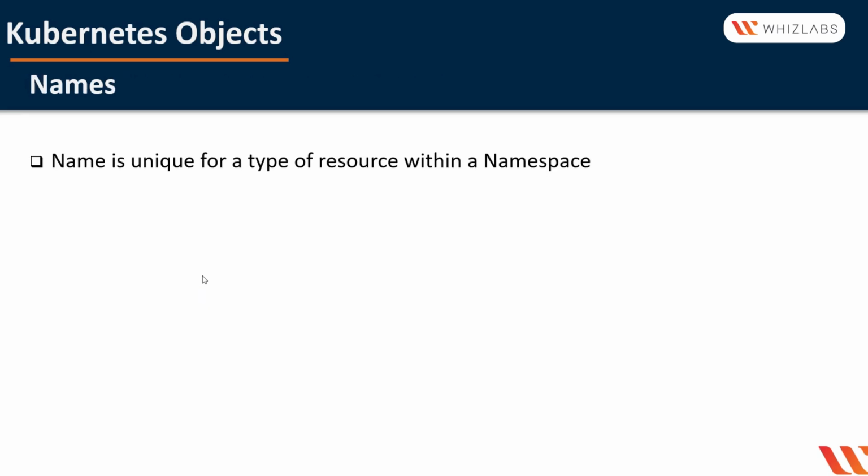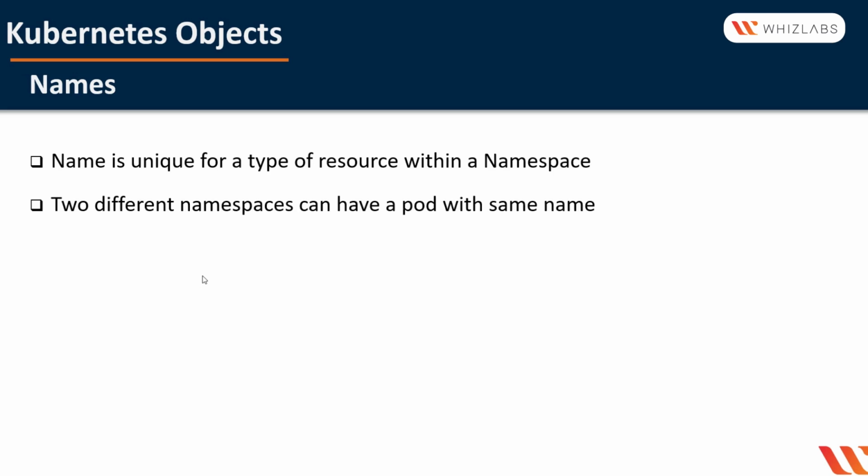Next topic that I want to cover in this video is about object names. Each Kubernetes object in the cluster has a name that is unique for that type of resource within a namespace. What it means is that you can only have one pod named, let's say, WizLabs within the same namespace, but you can have one pod and one deployment that are both named as WizLabs within the same namespace.